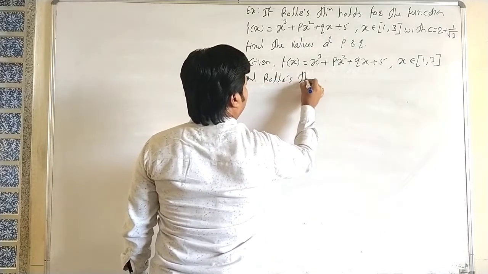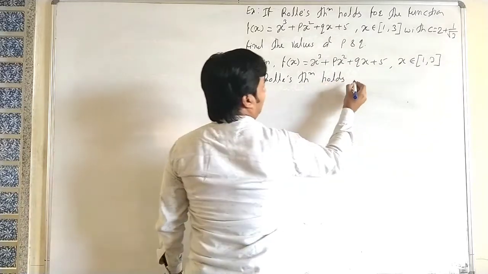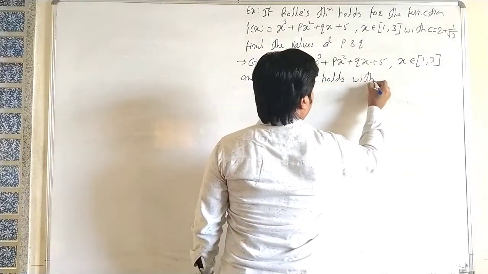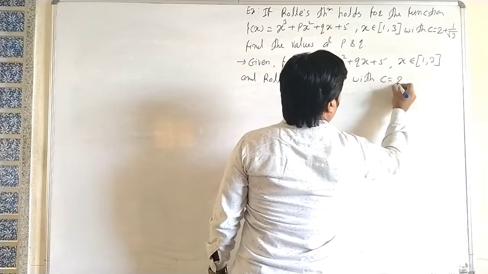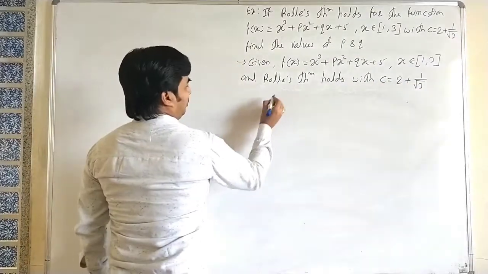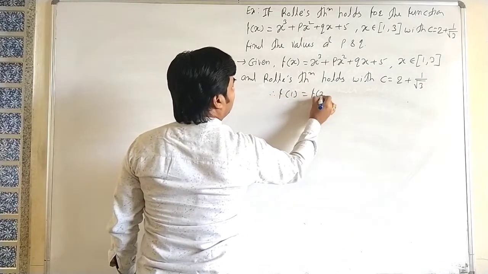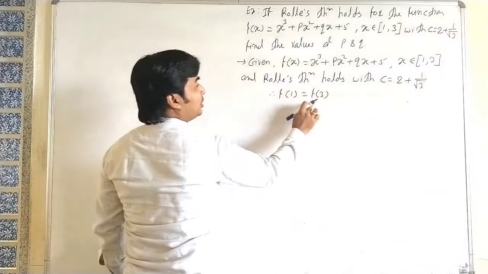Here Rolle's theorem holds with c is equal to 2 plus 1 by root 3. Therefore we can write f of 1 is equal to f of 3. Rolle's theorem holds, therefore f of a is equal to f of b.